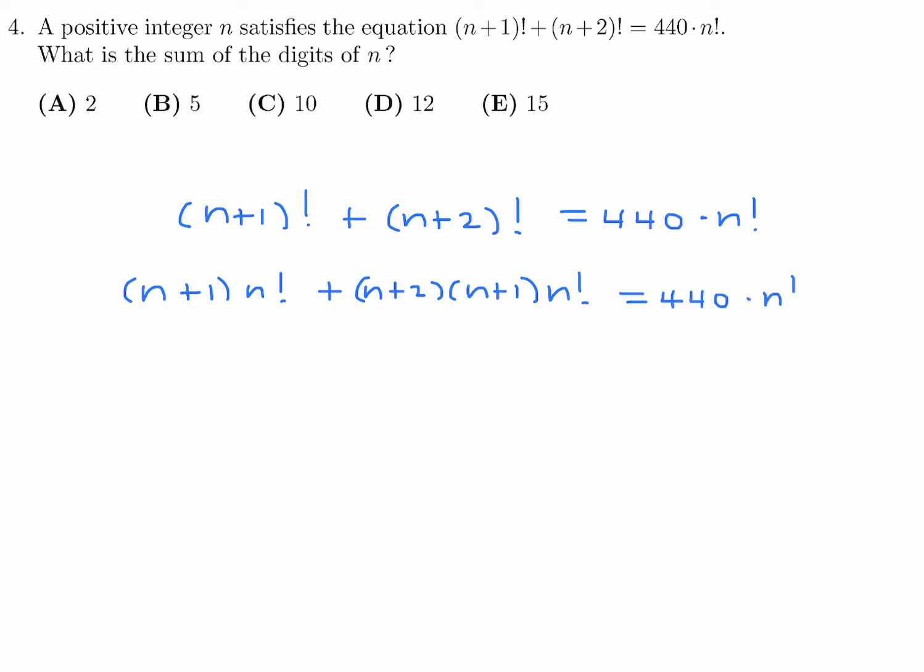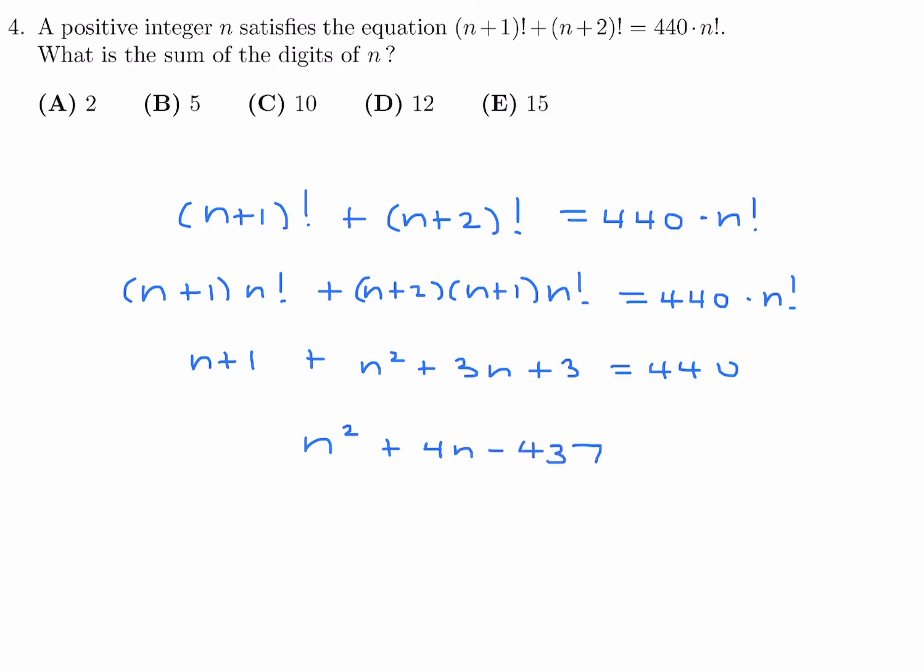The n factorials cancel, so that means we've got n plus 1, and then we can expand this guy. It'll be n squared plus 3n plus 3, and this would be 440. So collecting like terms, it would be n squared plus 4n minus 437.